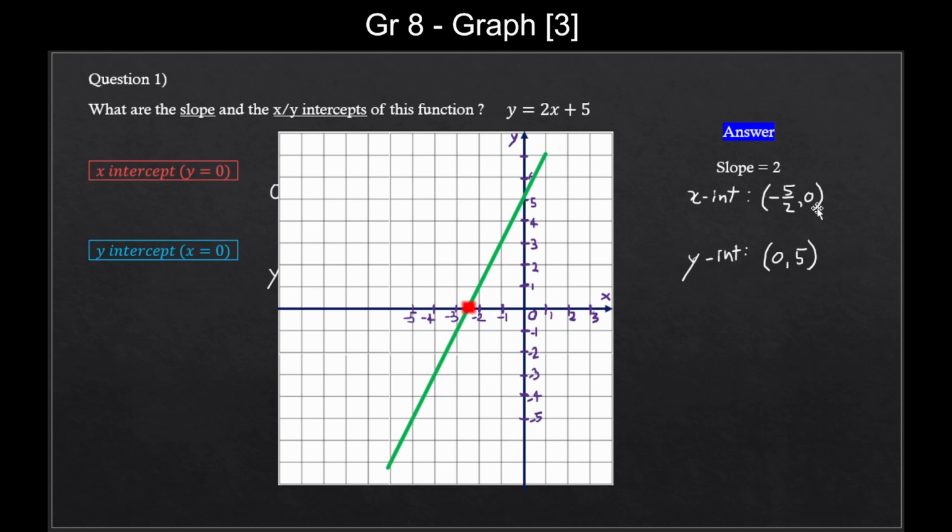And the height is 0, of course. So we got it right. What about the y-intercept? Where is it? Right here, where it's touching the y-axis. And that is indeed at the coordinate (0, 5). So we got them all correct.